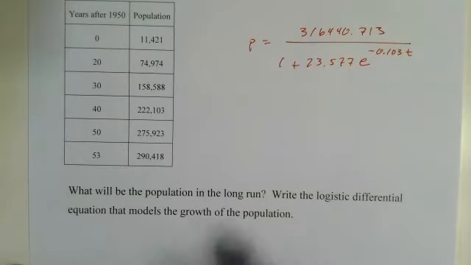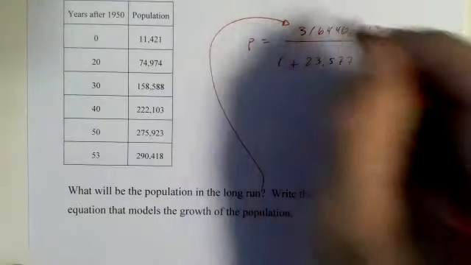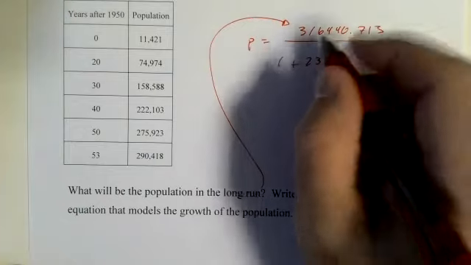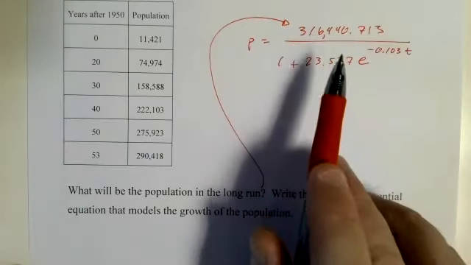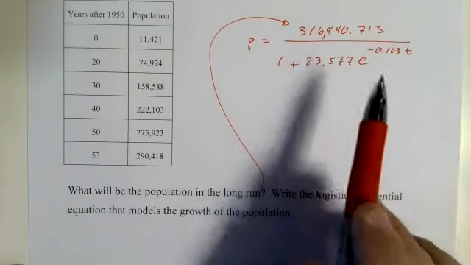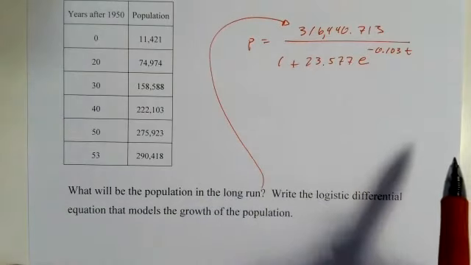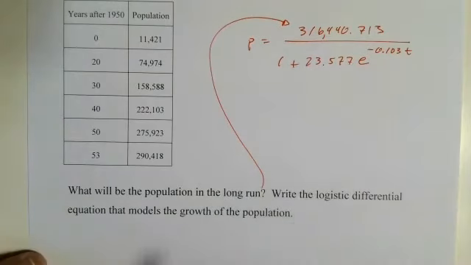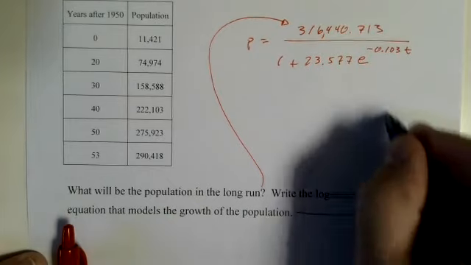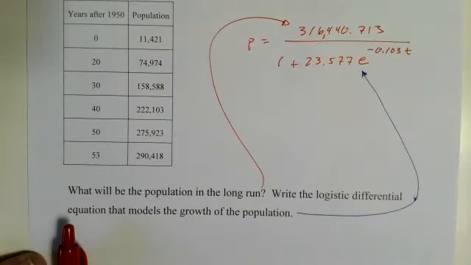What will be the population in the long run? Looks like it's going to max out at 316,000-ish. Again, human beings have an incredible capacity to do things that we probably shouldn't be doing.